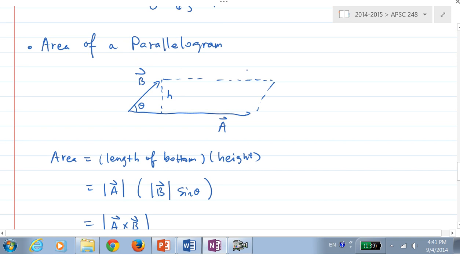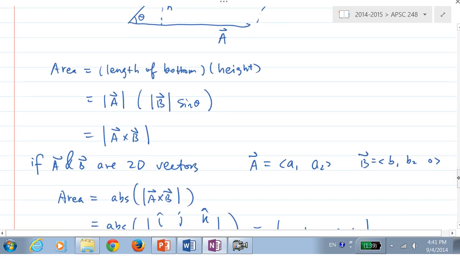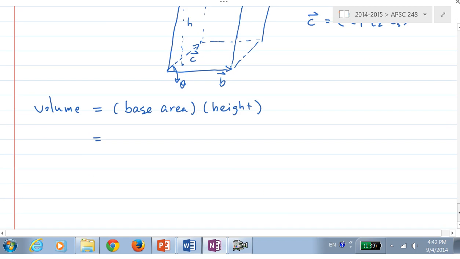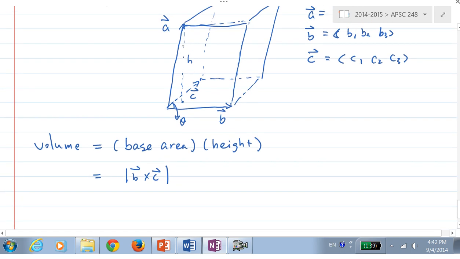Area of a parallelogram. So what do we use? This thing here, right? So it's the absolute value of B cross C. That's the base area. Height is this h here, right? It's h.